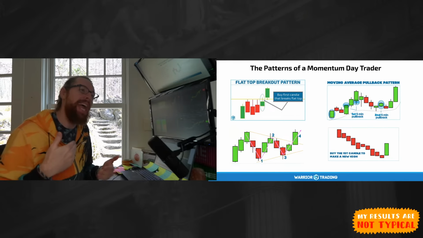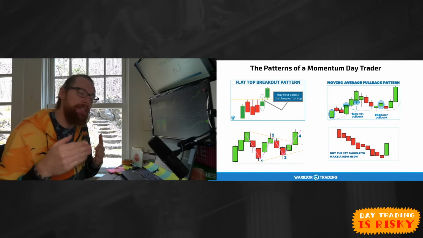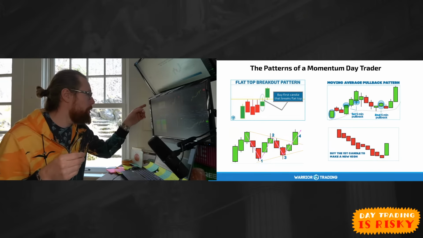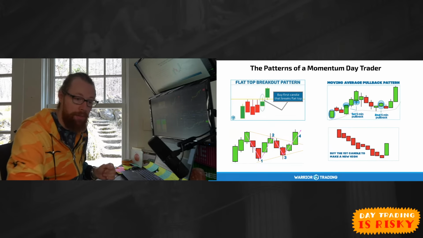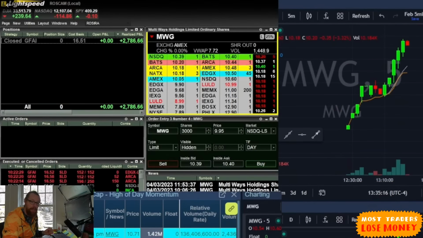I think one of the edges that I have as a trader is an ability, just like we saw with this example of this trade from yesterday, an ability to see this type of price action and read the tape, and having the hand-eye coordination to respond to it quickly. That may be an aptitude that I naturally came to this table with, and I'm grateful for that.